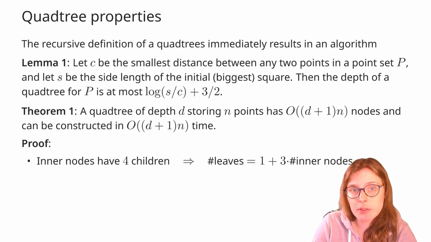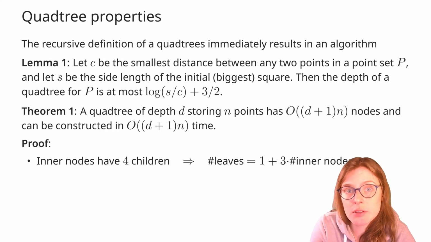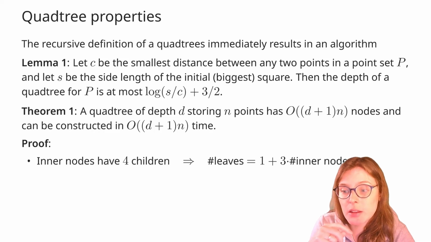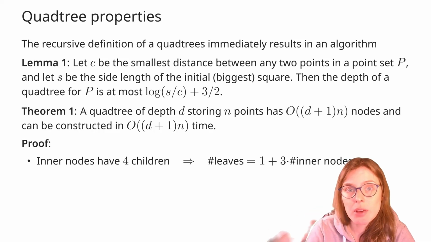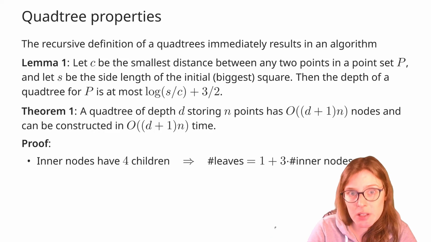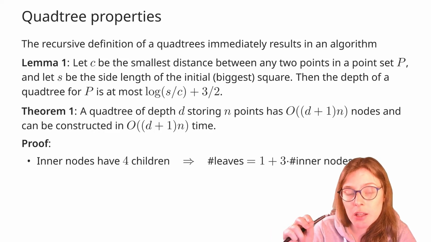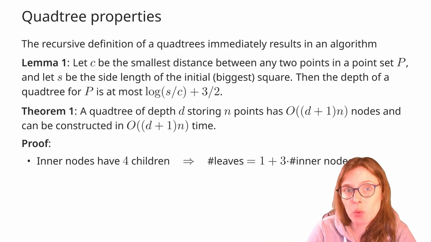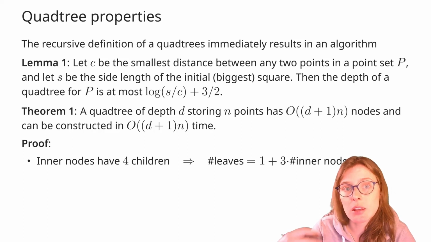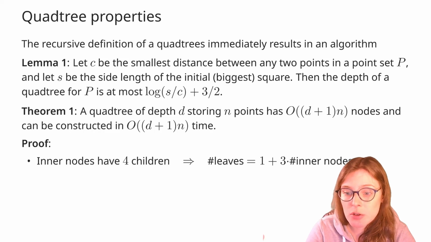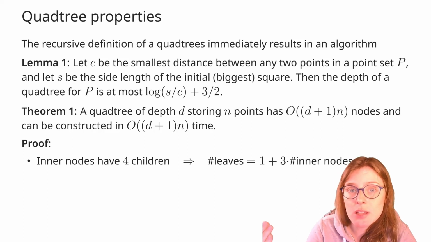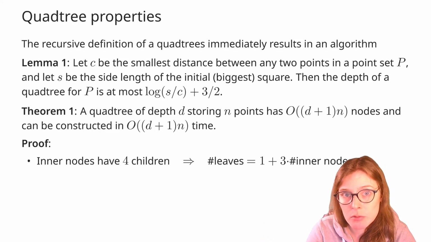Note that we can find the relation between the number of leaves in the quadtree and the number of inner nodes. Because when we are splitting a square, we are replacing a leaf with an inner node and 4 new leaves. That means that we are adding 1 inner node and 3 leaves. So we get the relation that the number of leaves in the tree will be 1 plus 3 times the number of inner nodes.